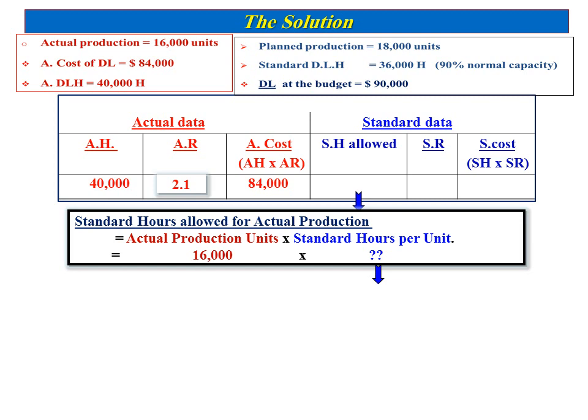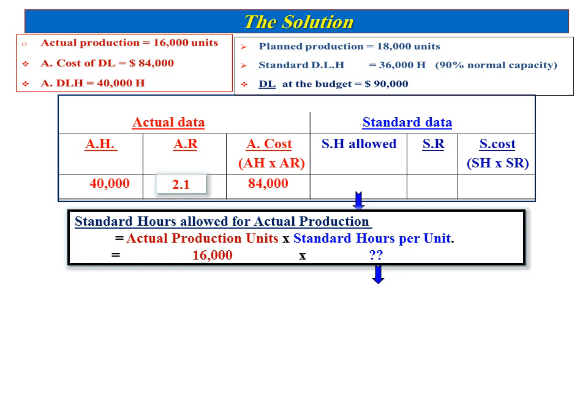My plan is to produce 18,000 units. If I produce 18,000 units, the standard direct labor hours will be 36.